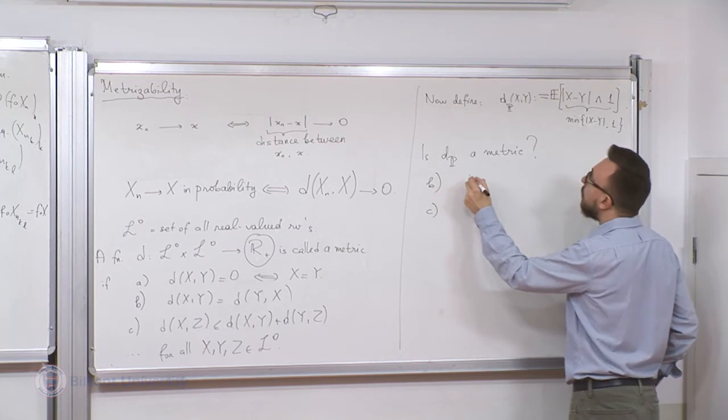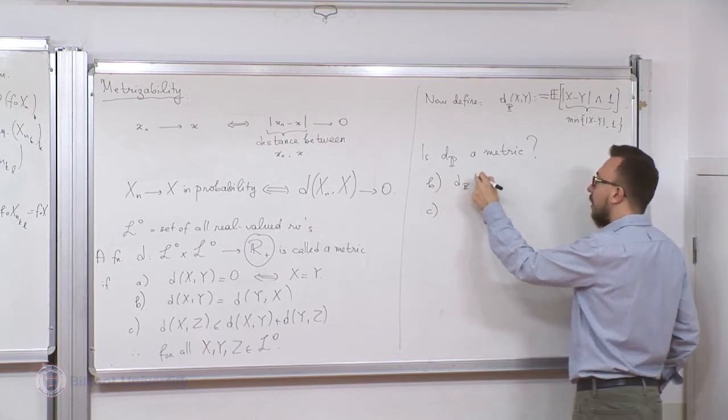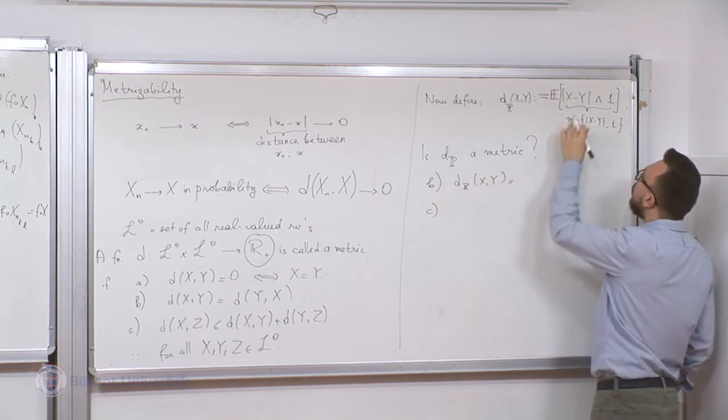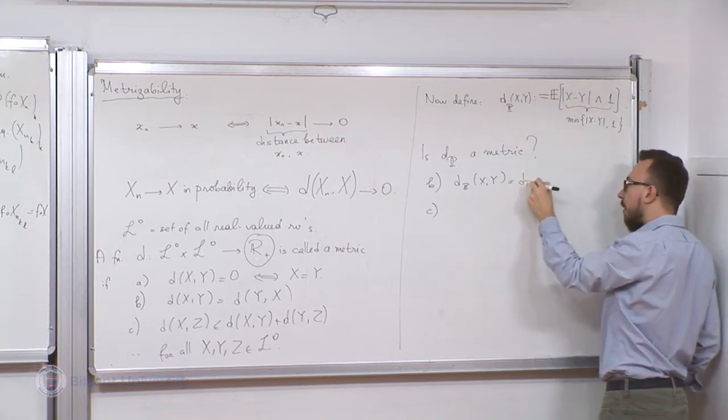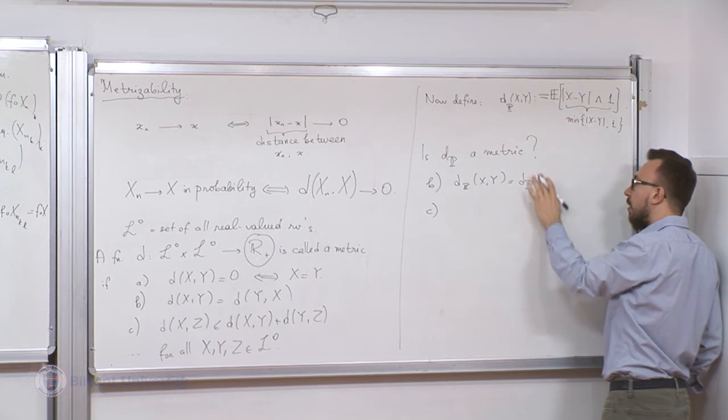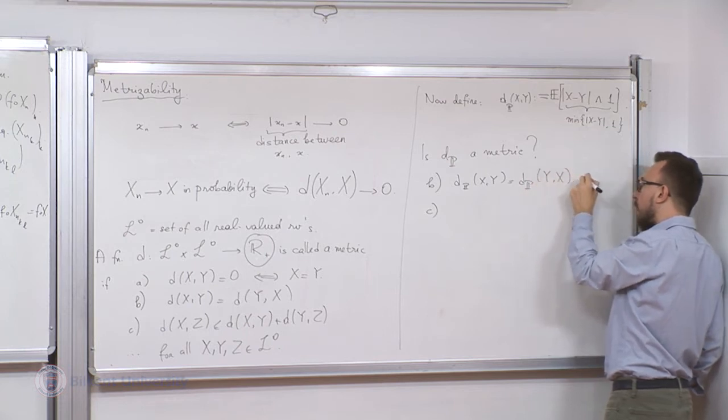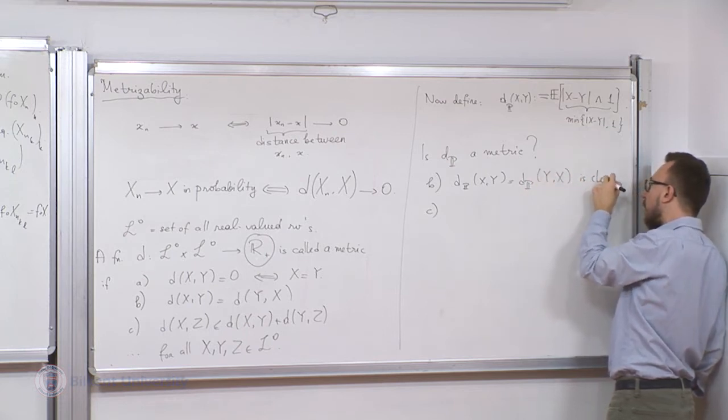Well, B is very simple, right? Because x minus y and y minus x are just the same. It is clear.